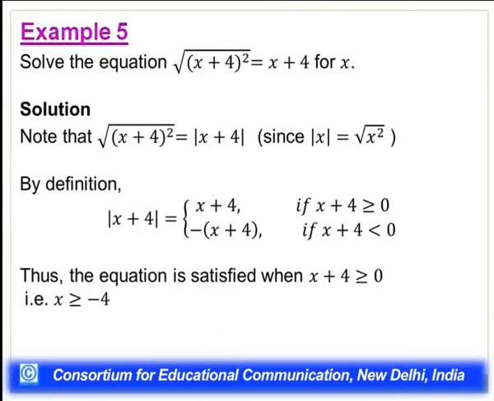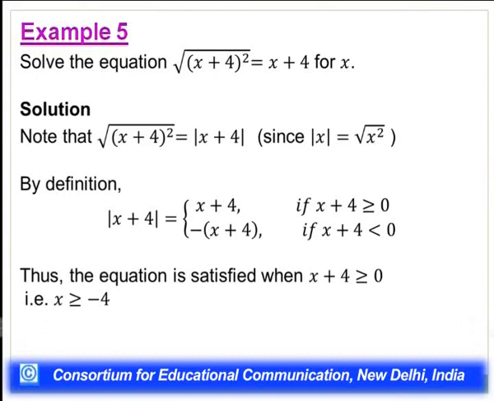Right, the next equation is quite interesting. It's a little different from the usual stuff, and this equation says that the square root of x plus 4 the whole square is equal to x plus 4, and you have to solve this equation for x.